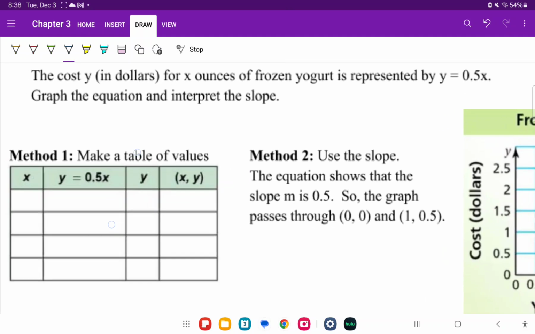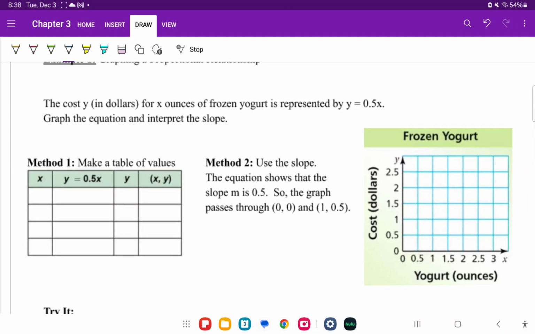Notice on our graph we have these values right here. These are our x values. See the little x down there? So we're going to plug numbers into the formula to get our data points that we will then plot.